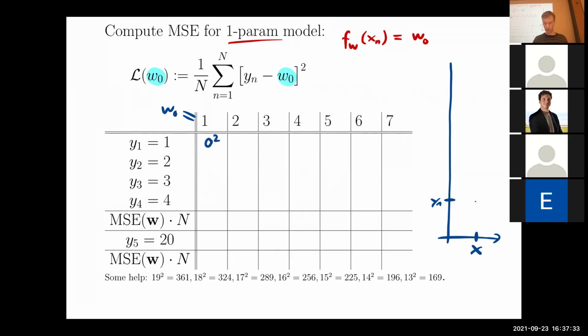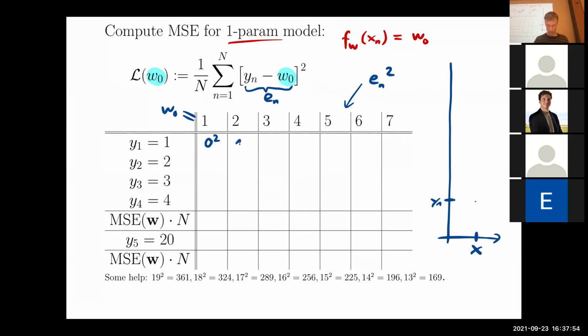What I'm going to fill in this table is the mean squared error, which is the error of the ith point squared. Remember the error is this. So it's 0 if my model is 1 and the data is also 1.